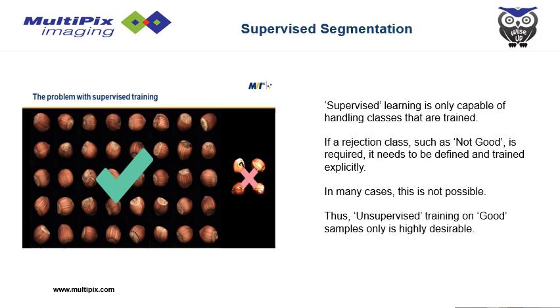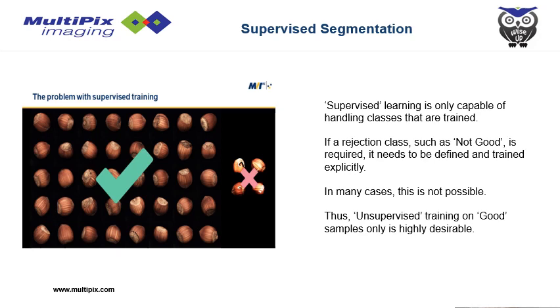So a rejection class looking for defects in these things, such as cracks specifically, and defining what they look like, is very, very difficult, if not impossible, in fact. Therefore, it's a good example of something that we could not use supervised segmentation for. If we were looking for defects in this type of product, it would have to be unsupervised.